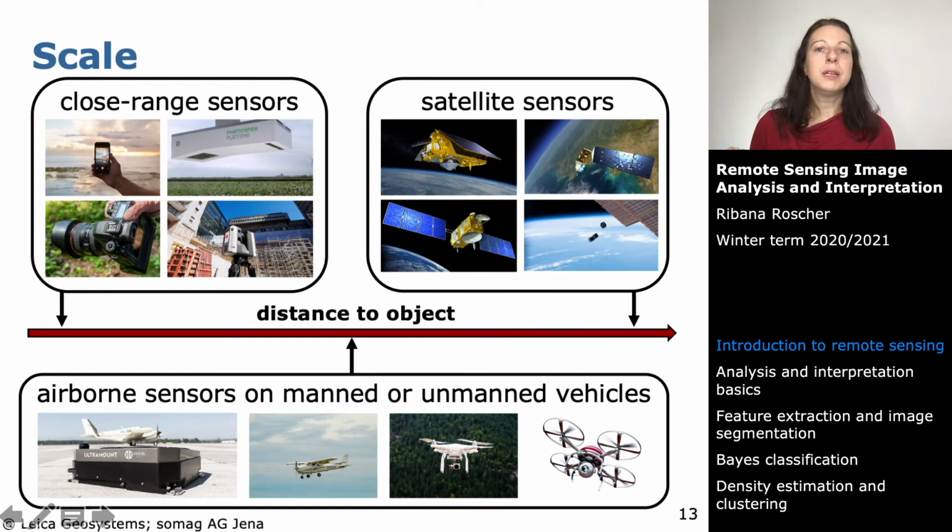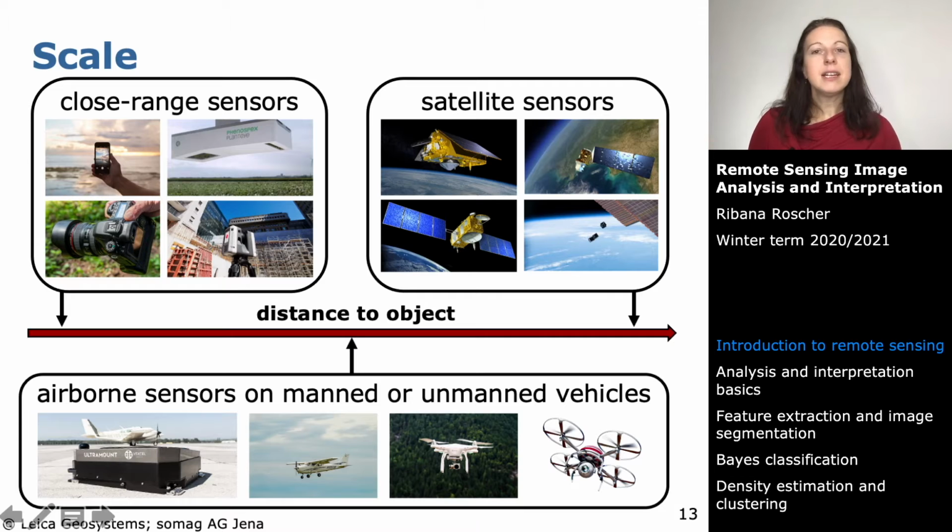And in the middle, between these close range applications and satellite applications, you have airborne sensors which can be manned or unmanned. And these unmanned aerial vehicles, short UAVs, have become quite famous recently. And I'm sure you have already seen people with some small UAVs, because you can buy them and use them for yourself.